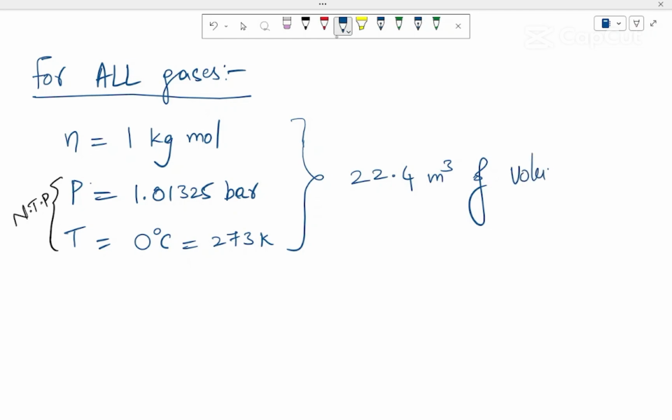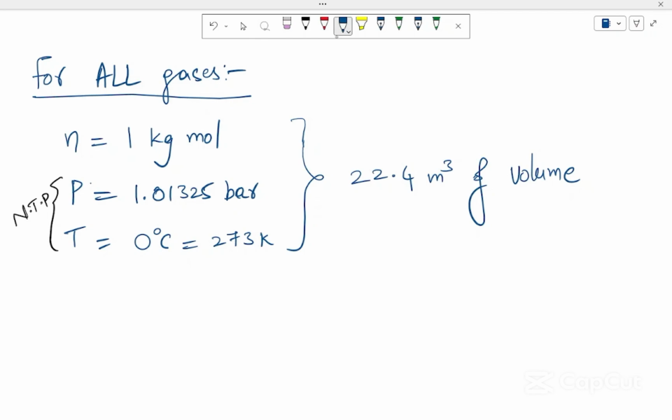So this is another aspect of Avogadro law. At normal temperature and pressure conditions, 1 kg mole of a given gas will definitely take a volume of 22.4 meter cube. So that's the thing here.